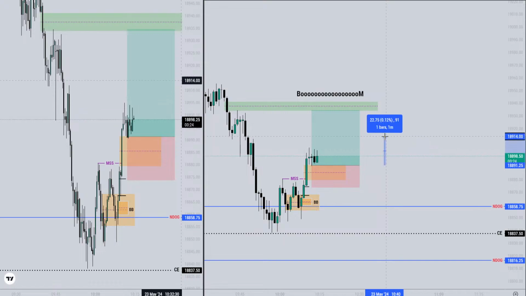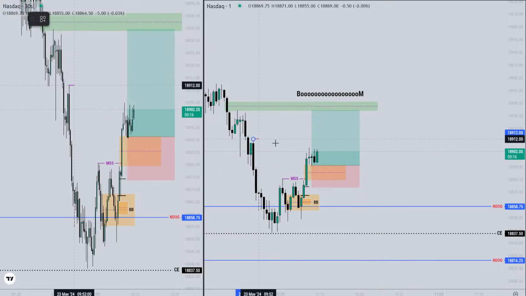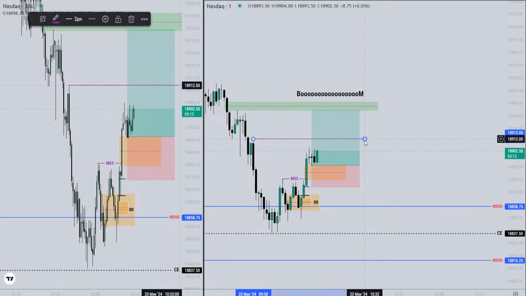So you can take a partial around there. You can see 22 handle. Okay, it's not bad, not bad, trust me. Above that high you can take a partial.